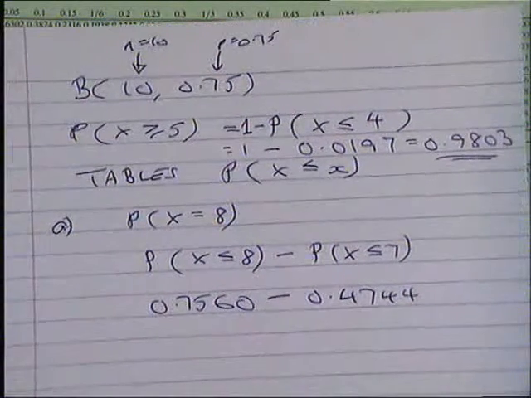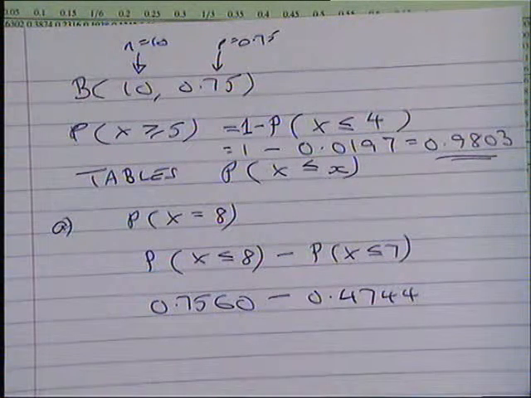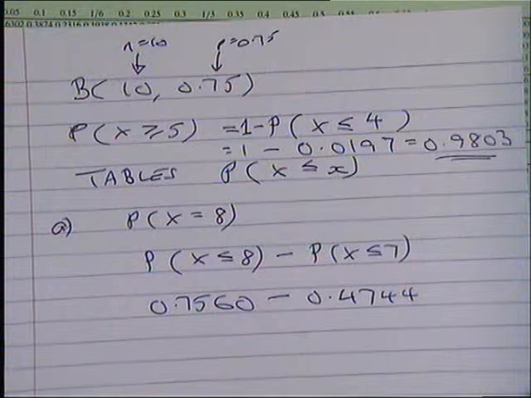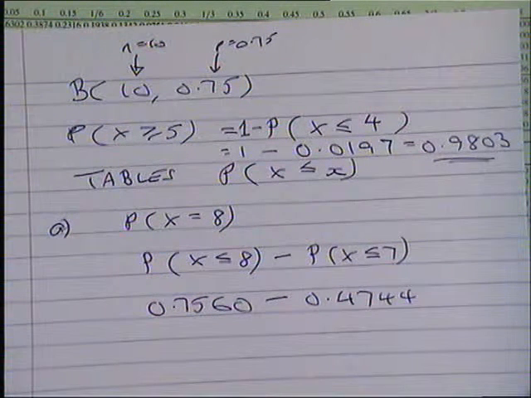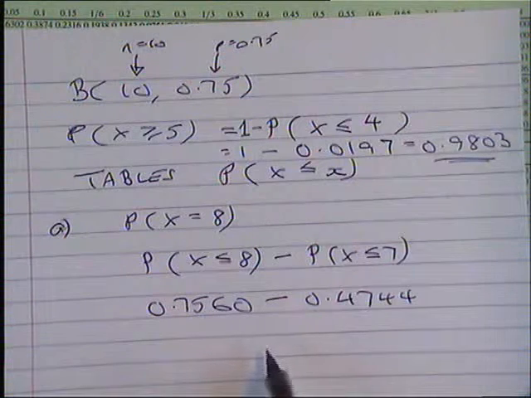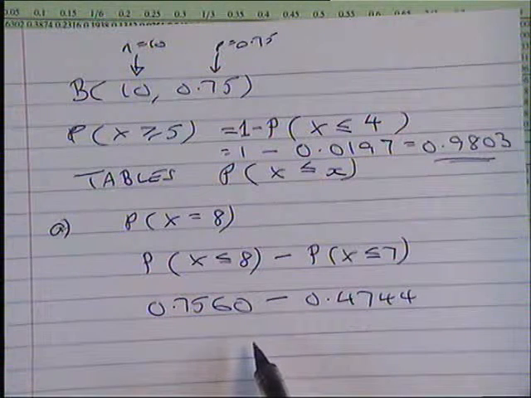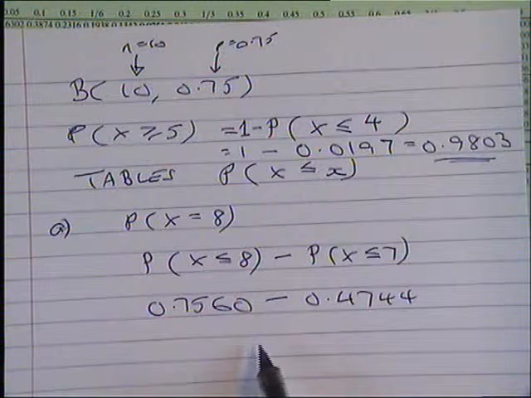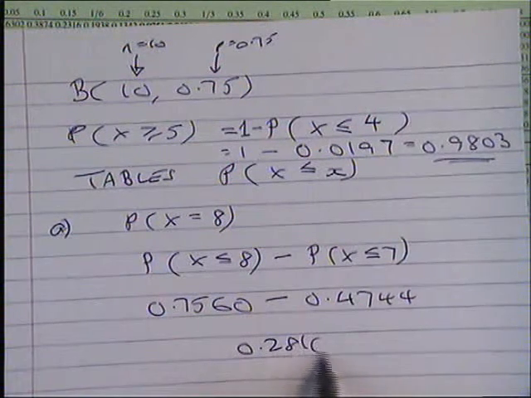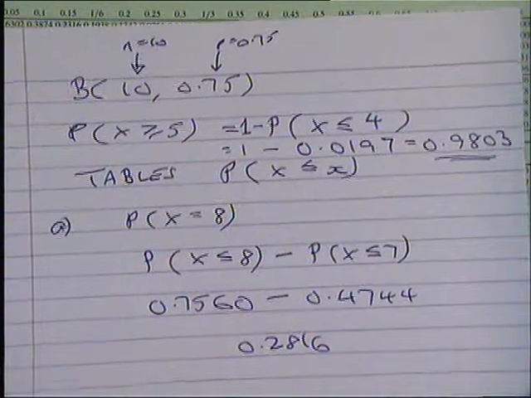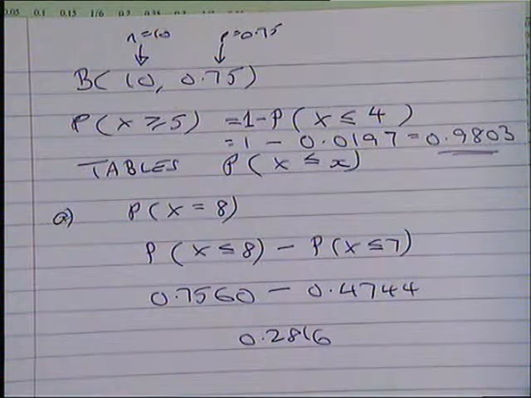And if you do taking away with those two numbers, well, earlier we got an answer of 0.2816 from calculating. If you do that taking away, we get 0.2816. So you can use these tables an awful lot. And that was part A.